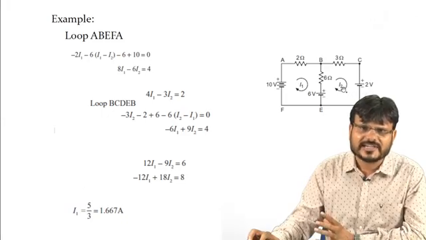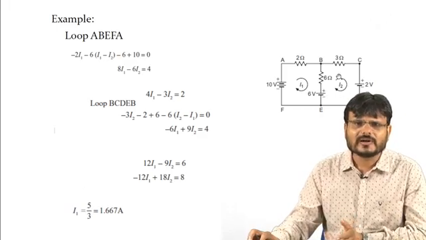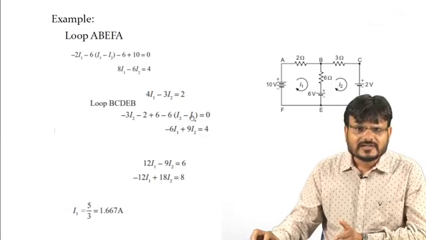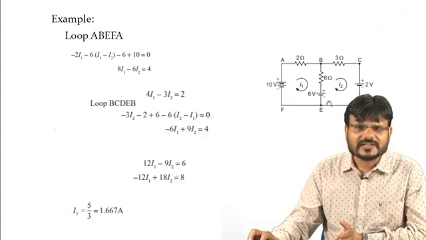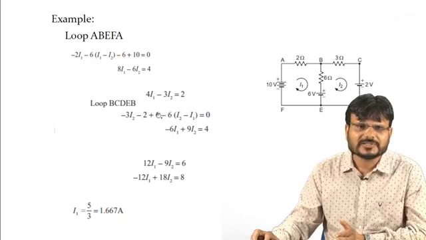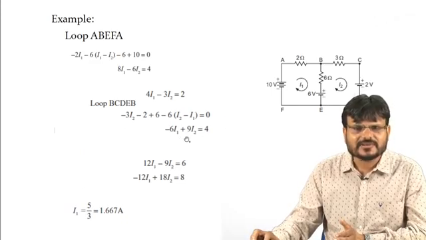We are assuming this I2 current is more than I1, so of course the net current will flow in the upward direction. So there will be a drop due to this 6 ohm resistance, and it can be written as minus 6 multiplied by (I2 minus I1). And again there is a voltage source and its sign is minus to plus, so it will be denoted as plus. So after solving this equation you can write minus 6 I1 plus 9 I2 is equal to 4.